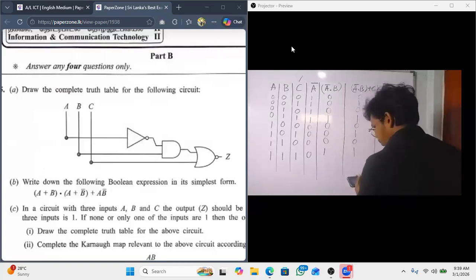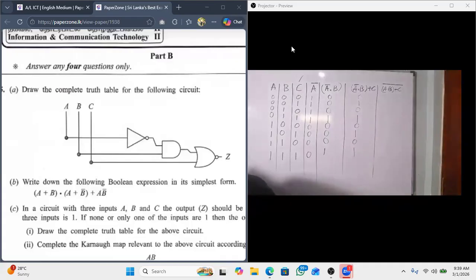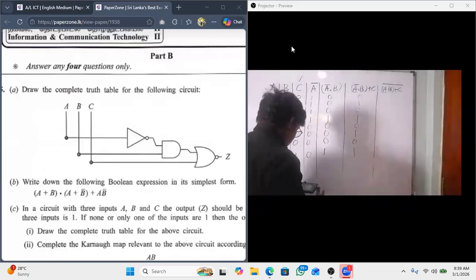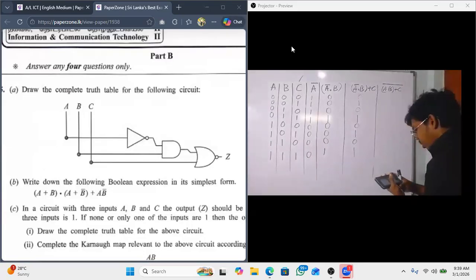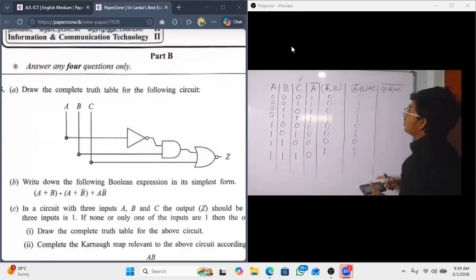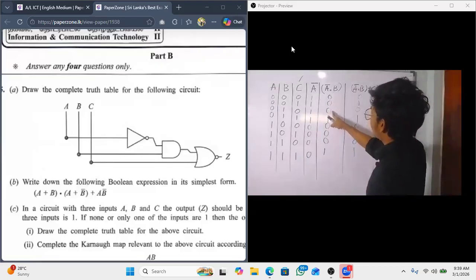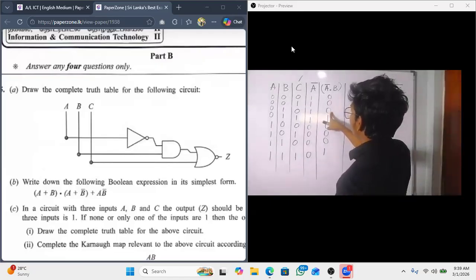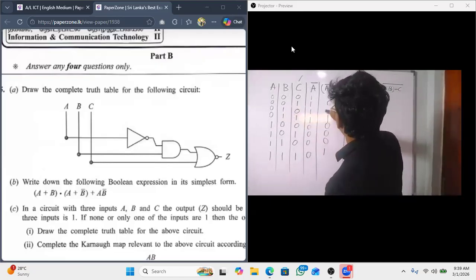Let's try. A bar dot B. There is a mistake here. A bar dot B. This 0. No, 1 into 1. Sorry, this is the mistake.